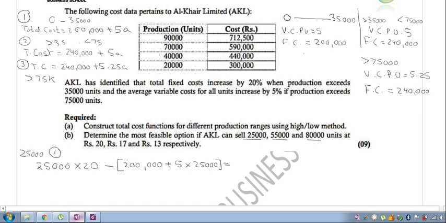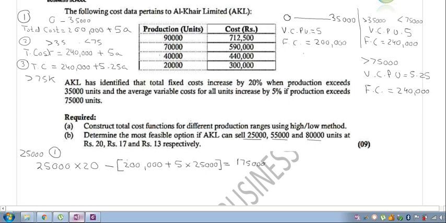So 25,000 into 5 is 125,000, plus 200,000 makes it 325,000, and sales revenue of 25,000 into 20 minus this answer gives us a profit of 175,000.